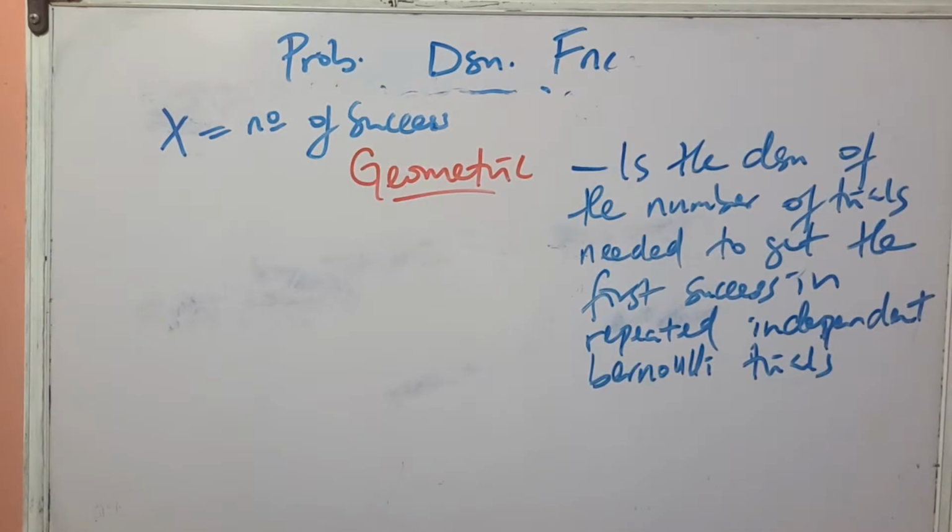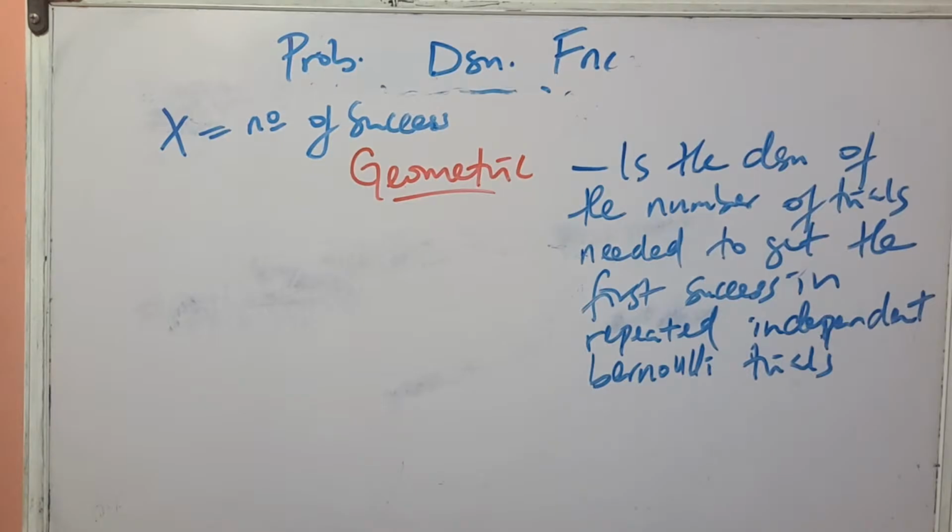The moment you get your success, geometric is done. That's the work of geometric. Geometric models only the number of trials you needed to do. Once you get the first success, it's done.